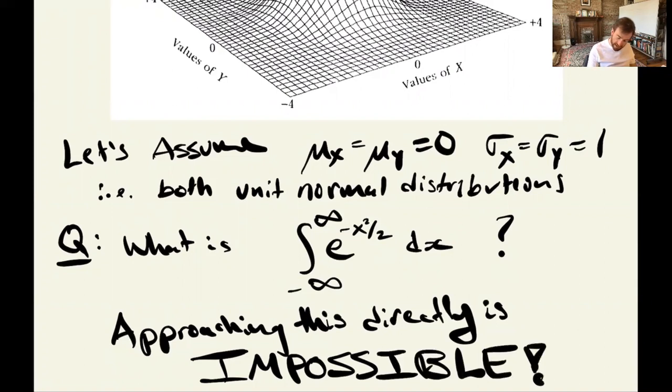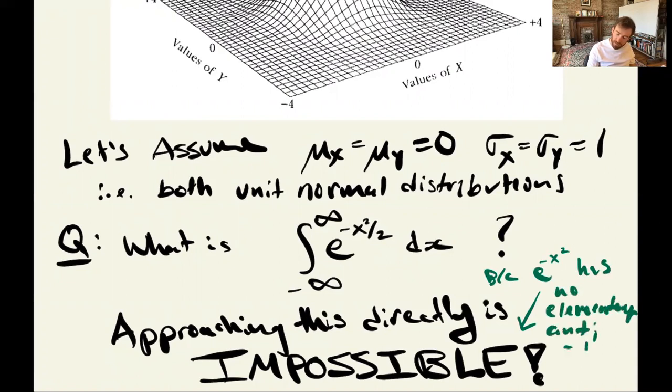The reason for that is essentially because e to the minus x squared has no elementary antiderivative. And by elementary, that actually has a precise meaning in math. It's expressible using polynomials and sines and cosines and things like that.